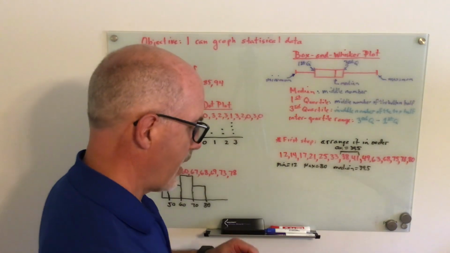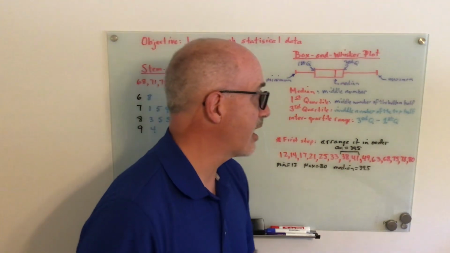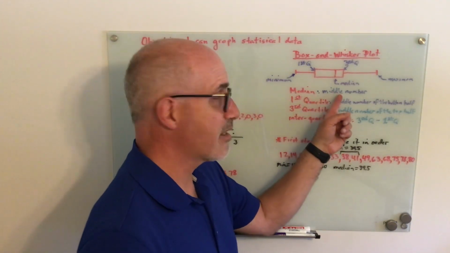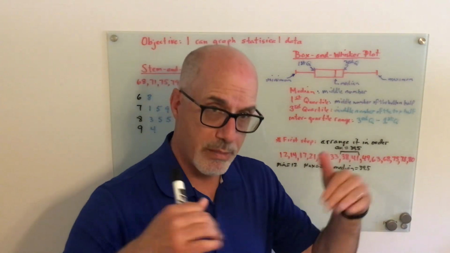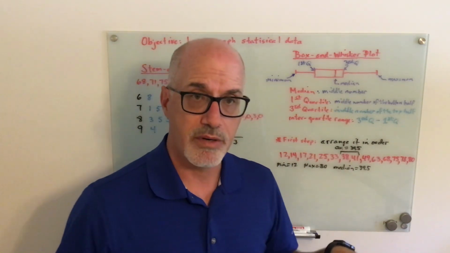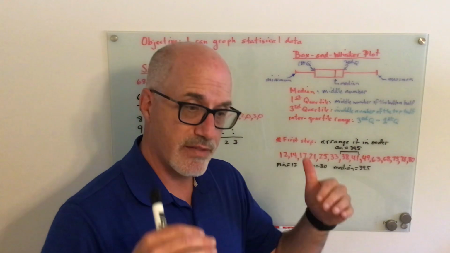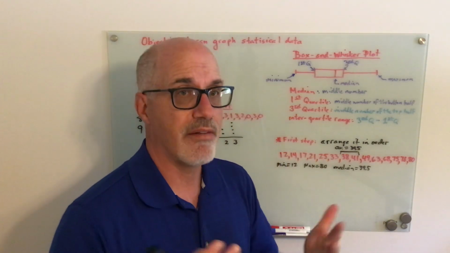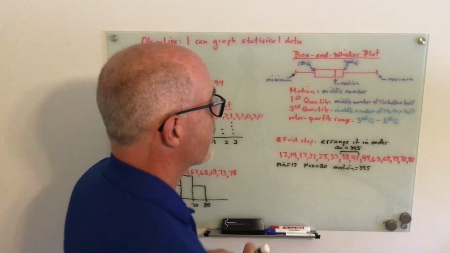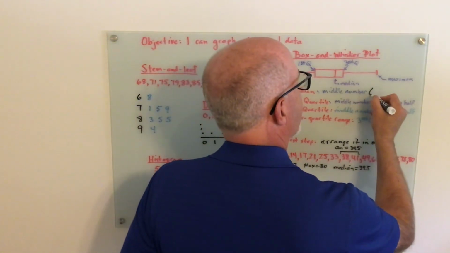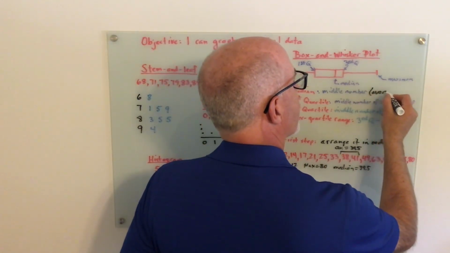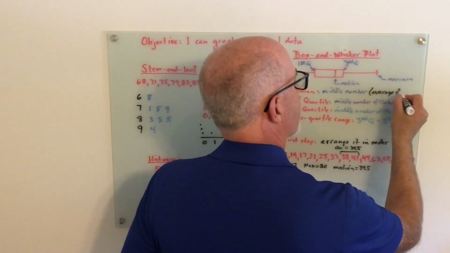Okay, so it's important to recognize that point for the median. It's the middle number, but if there is no middle number because there's an even number of data pieces, then you just have to take the two middle numbers and average them. All right, so average if even.